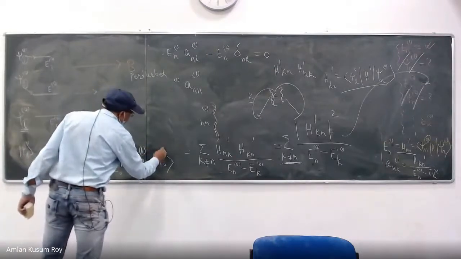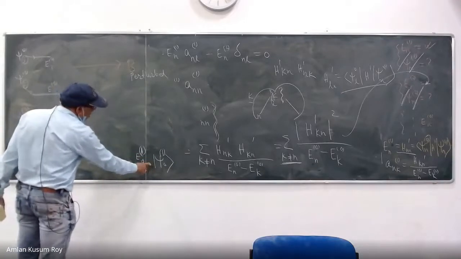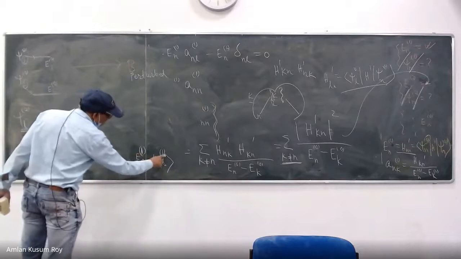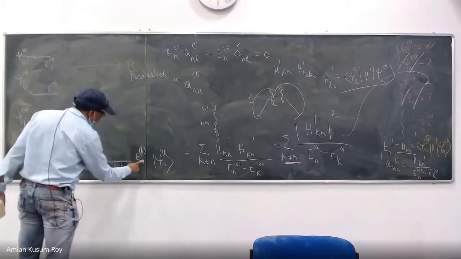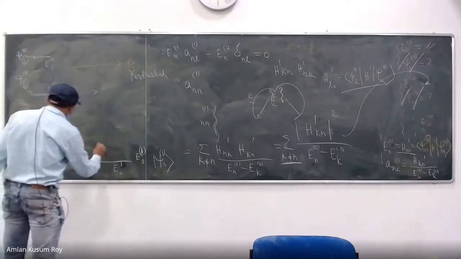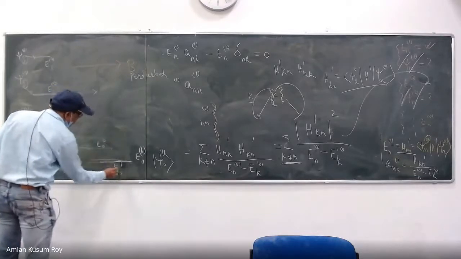So this is after the first order correction. After the first order correction, ground state has become psi 10 with the corresponding energy E10. You understand? So this was your E00. So there is a corresponding energy difference, E10.